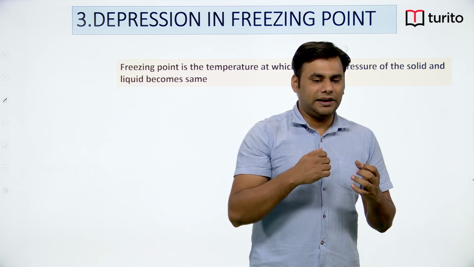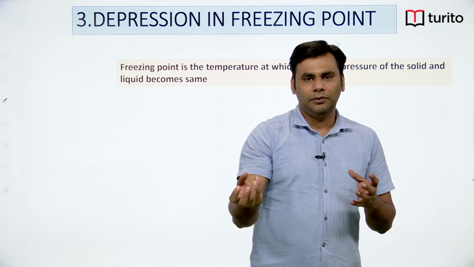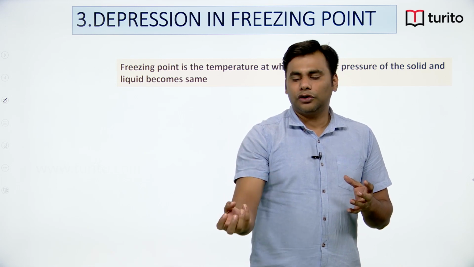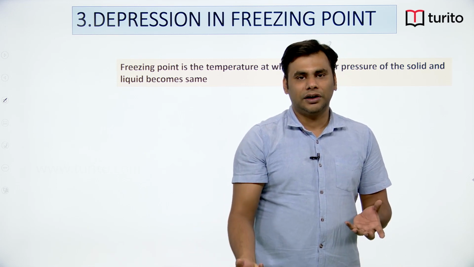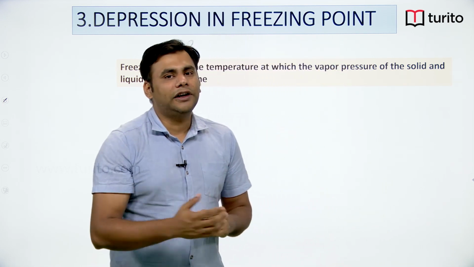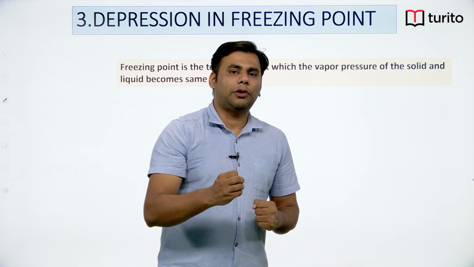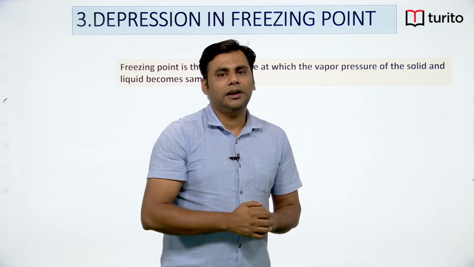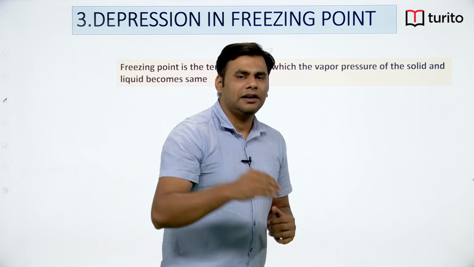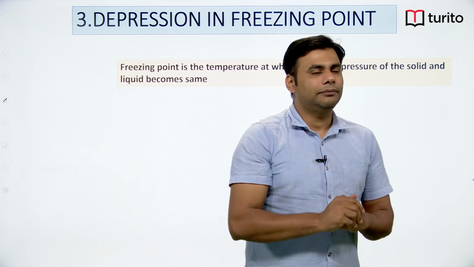So we might think that if you leave any solid in the room, you cannot see any vapor, because the composition of that solid is not changing. But there is some vapor pressure exerted by solids also. Some solid particles will also go into the vapor phase, but it generally happens at very low temperature.